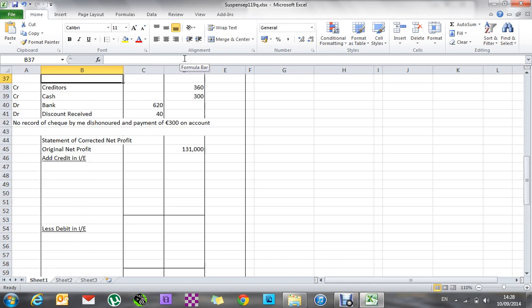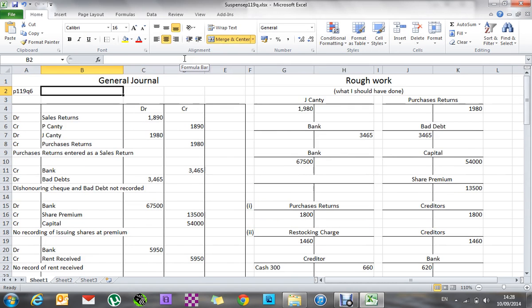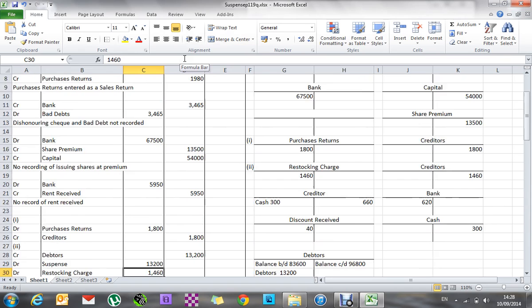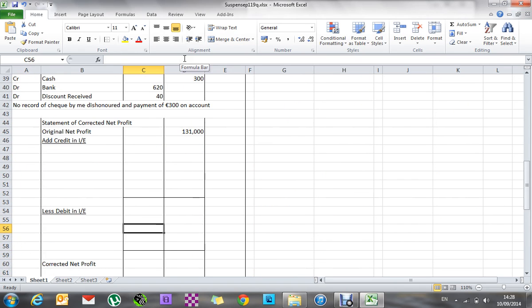Now I'm going back through my trial balance and seeing is there anything here that's an income or expense account. Sales returns, that's going to be an expense because it's the opposite of sales, which is an income, and it's got a debit entry, so I'll be taking that away from my profit. So 1890, and that goes down here, because it is a debit entry in the sales return, so I'll be taking it away from my net profit.